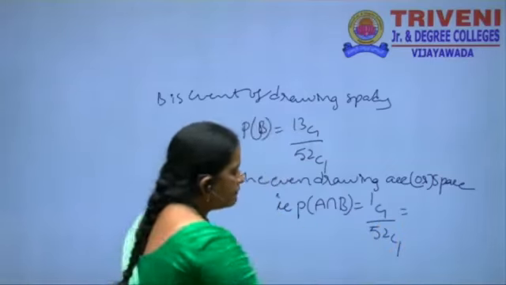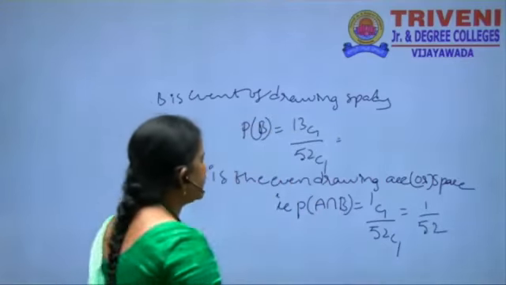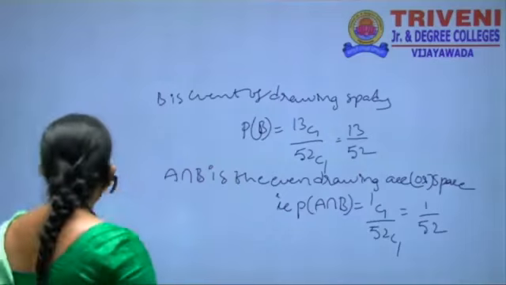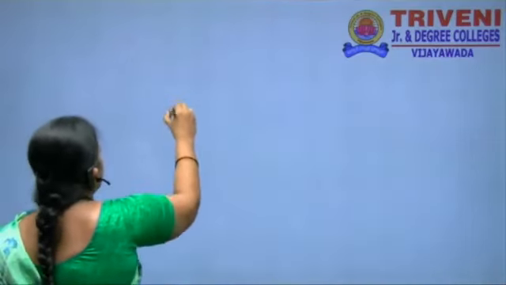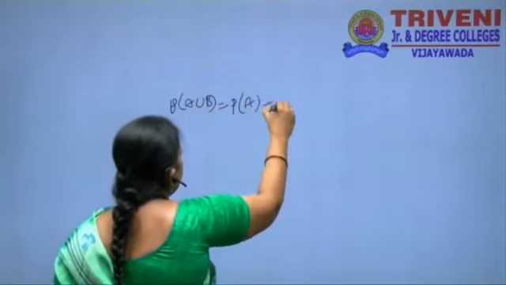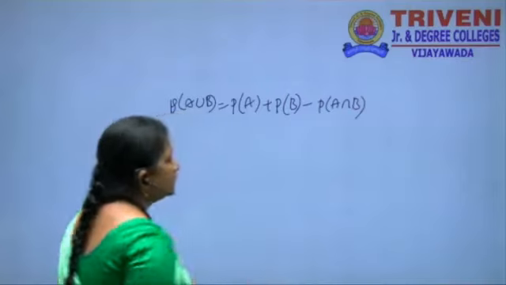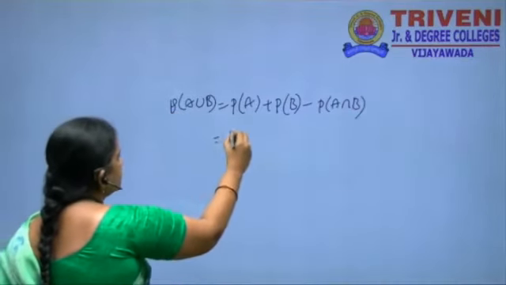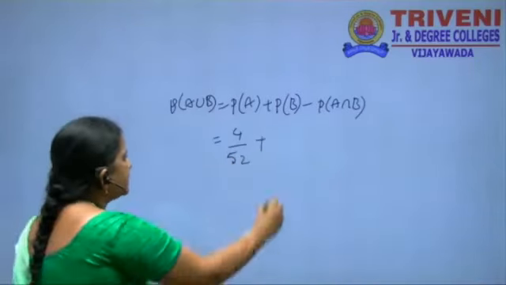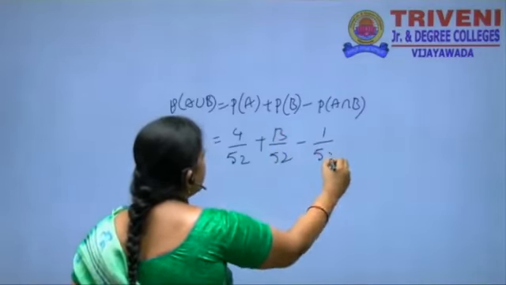1C1 is nothing but 1. 52C1 is nothing but 52. Here also the same. 13C1 is nothing but 13. And 52C1 is nothing but 52. Then by using addition theorem on probability, P of A union B is equal to P of A plus P of B minus P of A intersection B. The probability of A is 4 by 52 plus probability of B is 13 by 52 minus P of A intersection B is 1 by 52.